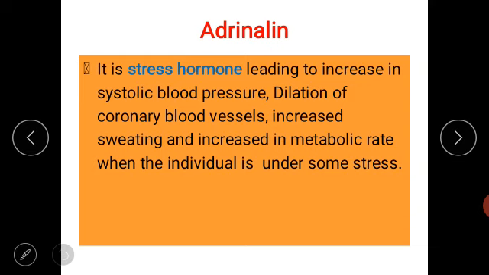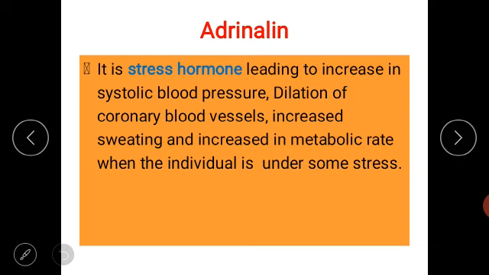Now one by one we'll talk about adrenaline, the first hormone, and then noradrenaline. Adrenaline is a stress hormone leading to an increase in systolic blood pressure, meaning the contraction of the heart is increased by the adrenaline hormone.